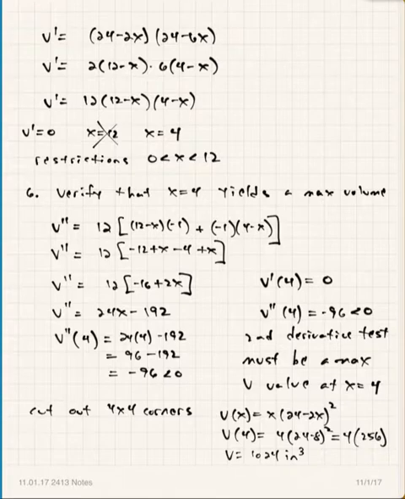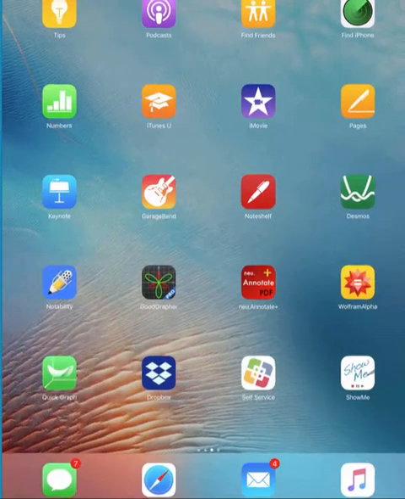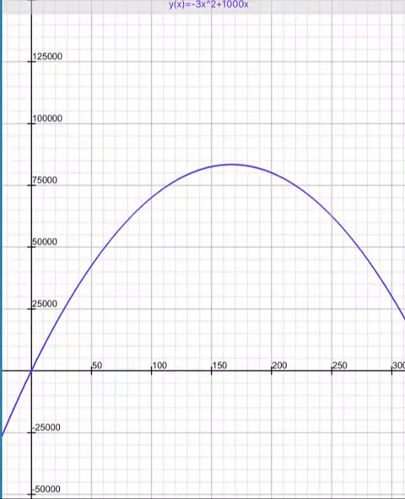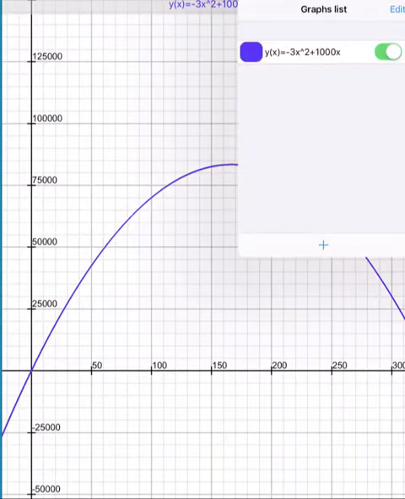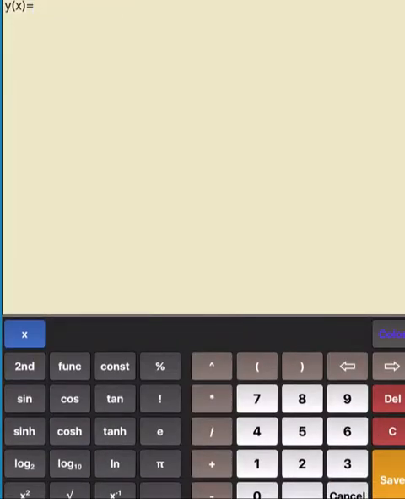Once again, it's probably not a bad problem to look at the graph and see how the graph is working out in this particular problem, because that does not take us too long to do. So let's go ahead and get rid of this function here. The function that we've got is x times 24 minus 2x, and then that quantity is squared.